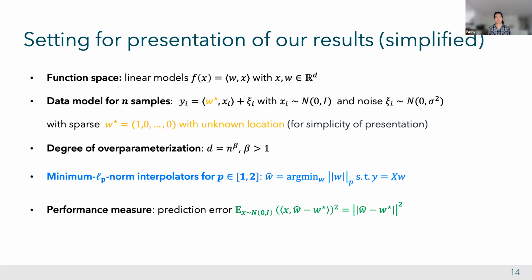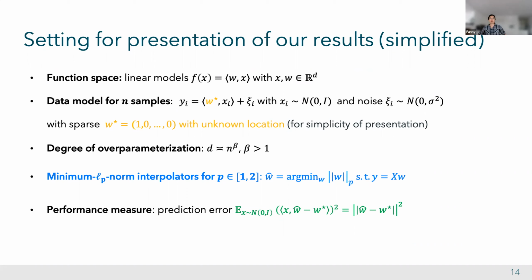Our papers also have classification, and we also only look at one sparse ground truth, where of course we don't know the location. But we also have results for S-sparse solutions, where S is constant. So this is a simplified setting just to have a slightly cleaner presentation of the results.